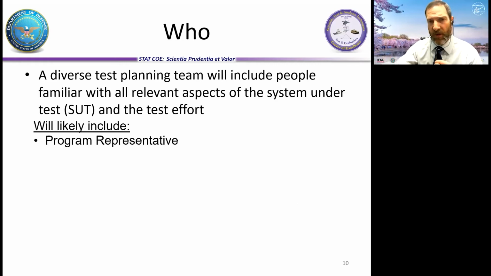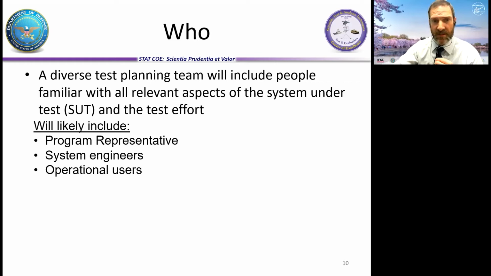Somebody from the program, some leadership or representative there. Systems engineers, and the bigger the system, the more folks that's going to involve, because it's going to involve more subsystems. Operational users, right? When this system is tested and fielded, let's have somebody that's going to be using it operationally talk about what features are important, what features aren't important.